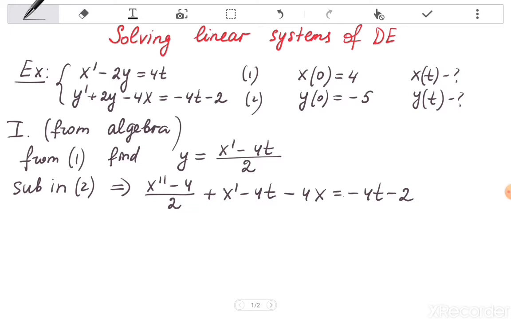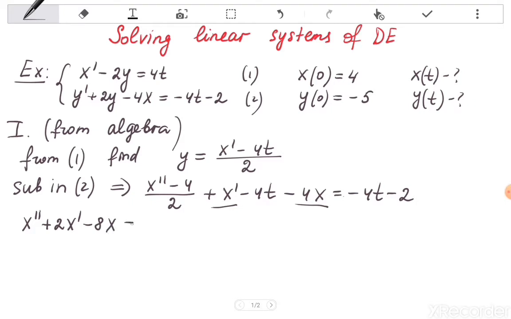So let's now just rewrite this in a better way. Let's multiply everything by 2 to get rid of this fraction here. What do we obtain? We obtain the second derivative of the function x, and the first derivative will have the coefficient 2. The function itself will have minus 4 times 2, which is minus 8x.